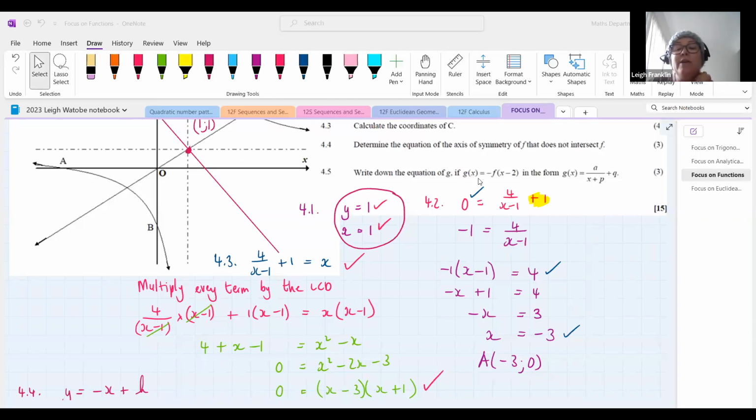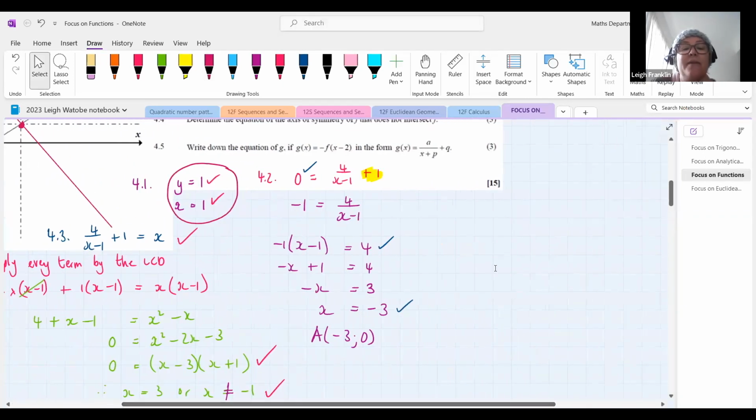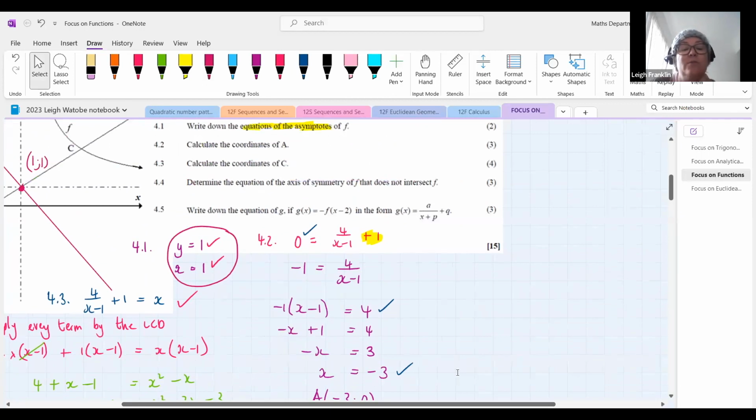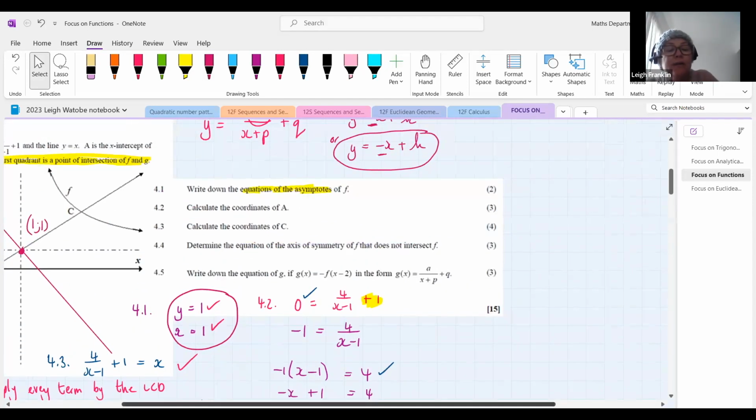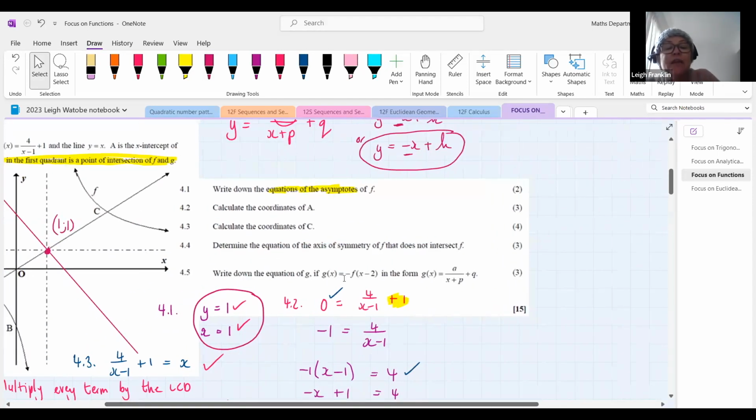So the last question is a transformation sort of question, 4.5. So again, if we understand what this means, then it's not difficult for us to answer the question. Write down the equation of g. If g of x equals minus f of x minus 2, in the form g of x equals.